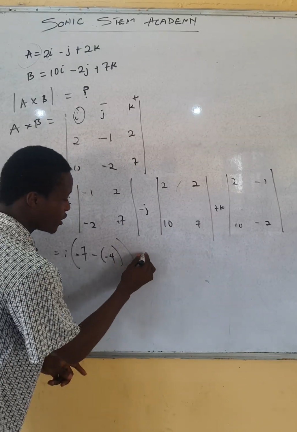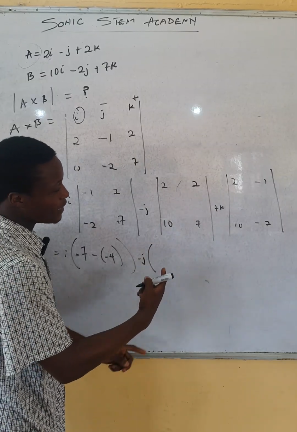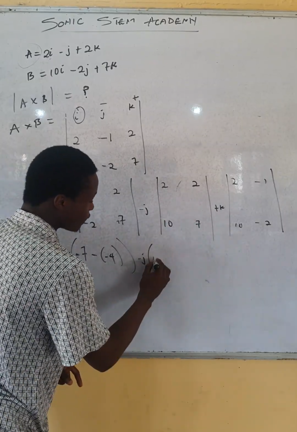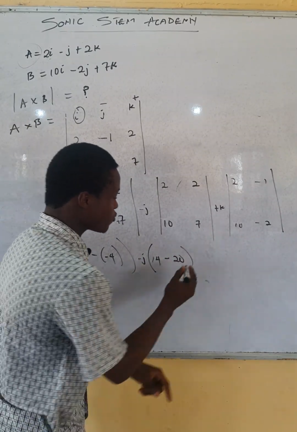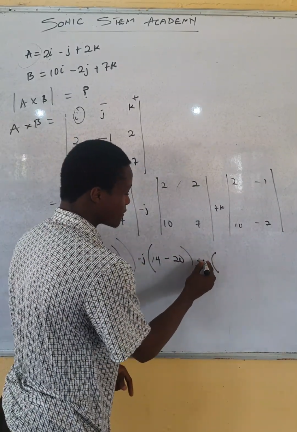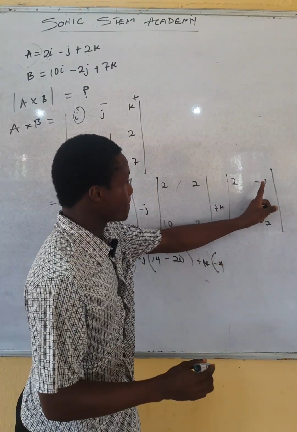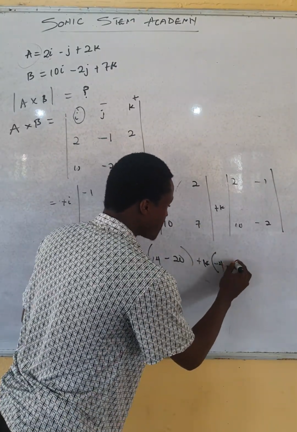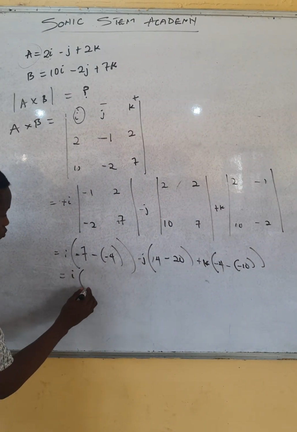The next one, minus J into brackets. Multiply your leading diagonal first also. 2 times 7 is 14, minus 2 times 10, which is 20. Then the next, plus K into brackets. 2 times minus 2 is minus 4. Then minus 1 times 10 is minus 10.